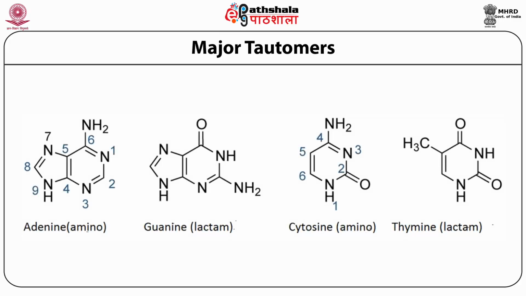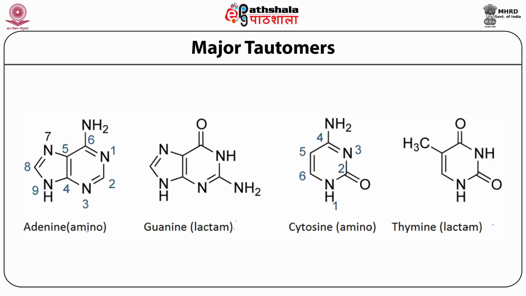Nucleobases have different tautomers. We show in this picture first the nomenclature for purines and pyrimidines, like adenine and guanine, which are fused 5-6 aromatic rings.